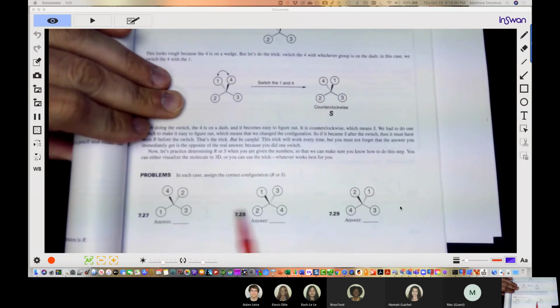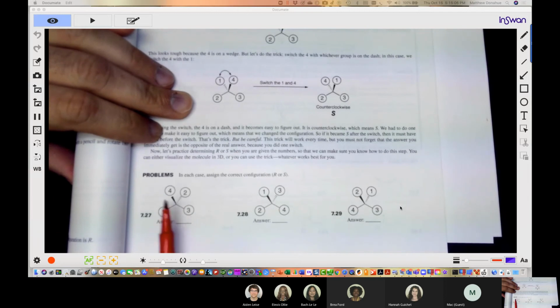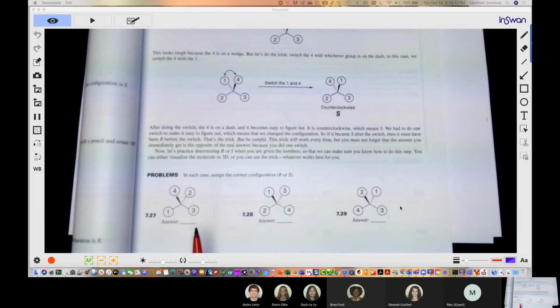So this is conceptually looking at scenarios with your priority groups 1, 2, 3, and 4 in different arrangements. So you're not necessarily given a specific element, but this, I think, sort of answers what you're asking, and then we can look at some specific ones.